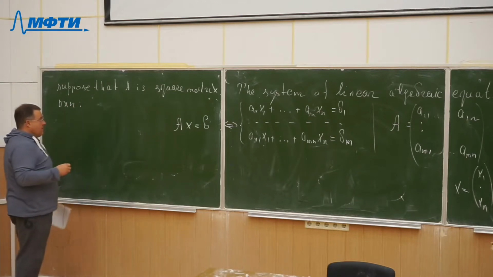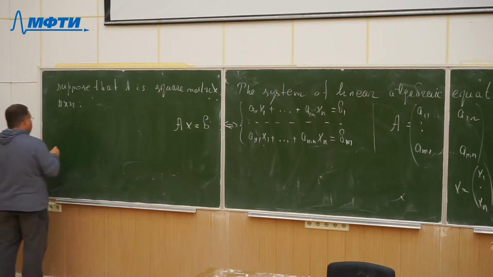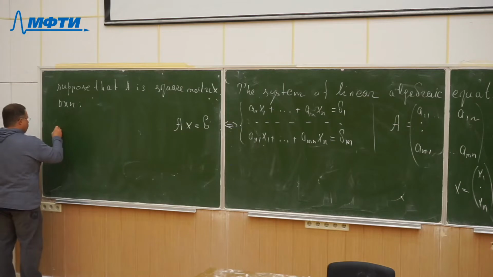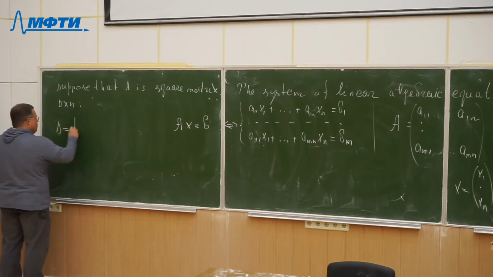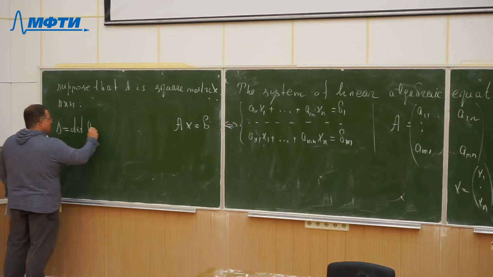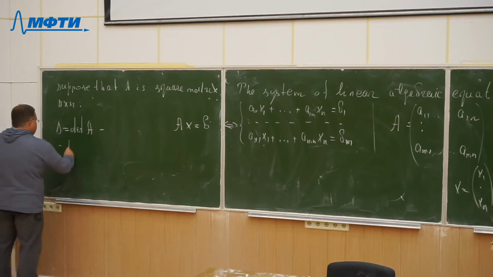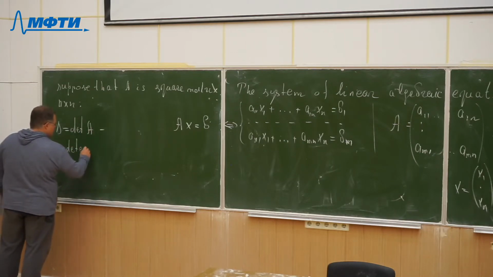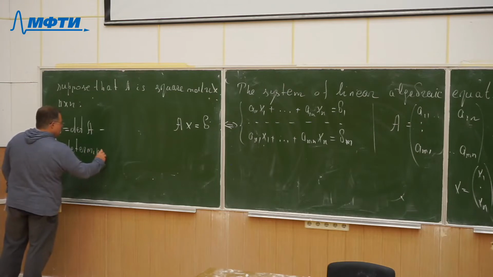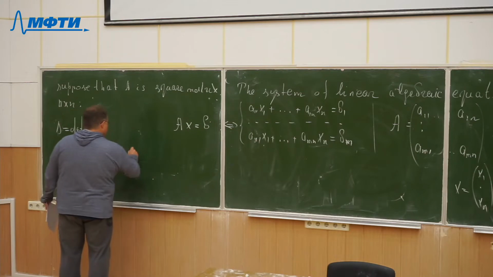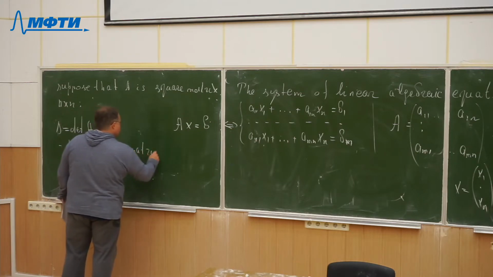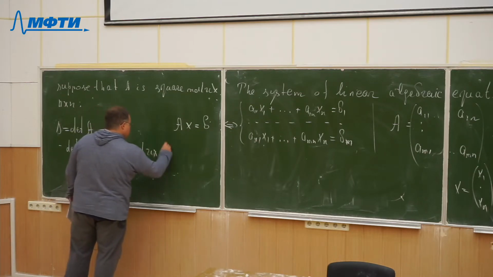In this case, we can define the determinant delta equals determinant A. We name it the determinant of the matrix of the system.